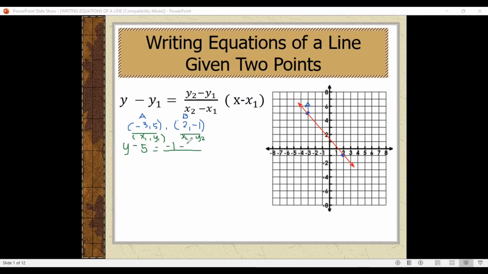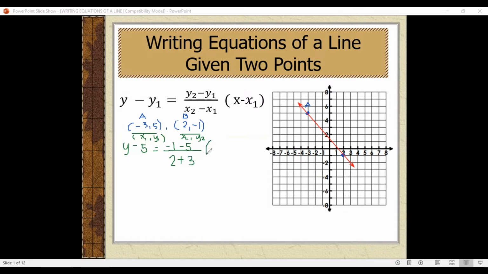So -1 minus 5 all over x sub 2, which is 2. And we have to subtract x sub 1, so minus negative 3. There should be a change in the sign or the operation there, because minus the -3 would mean plus 3.